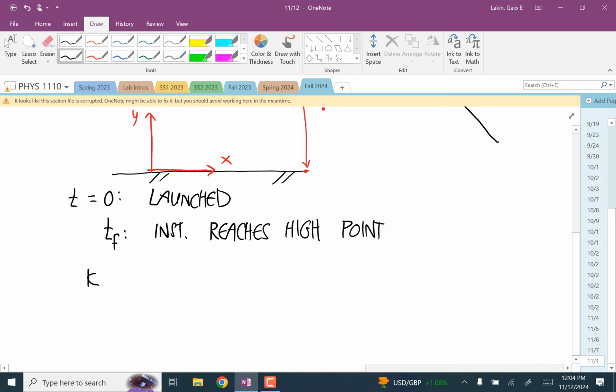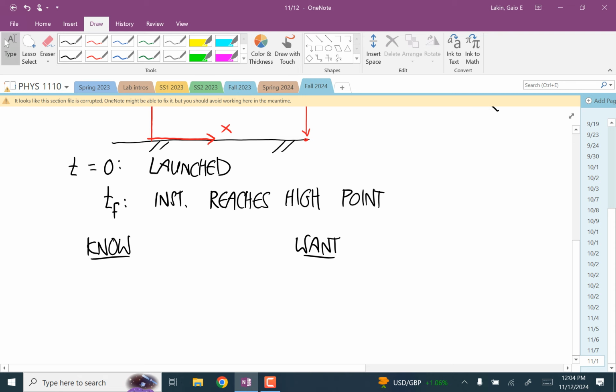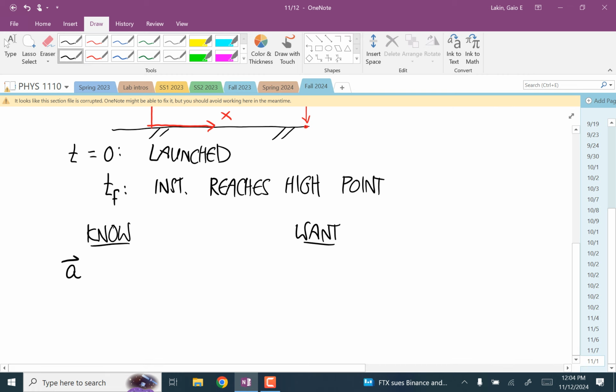Now we can start to think about what variables we know and what we're trying to find. Do we know how long it takes to get to the highest point? No. Do we know the acceleration? We do know the acceleration. It's free fall.